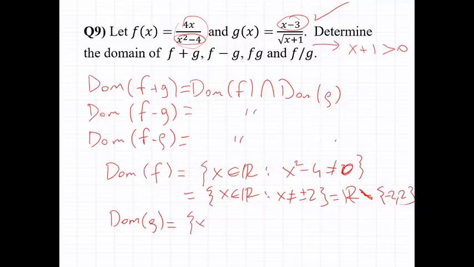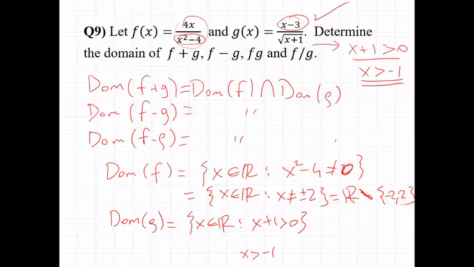So x plus 1 should be bigger than 0. When you solve this, x will be bigger than minus 1. So it comes to this set here, minus 1 to infinity.